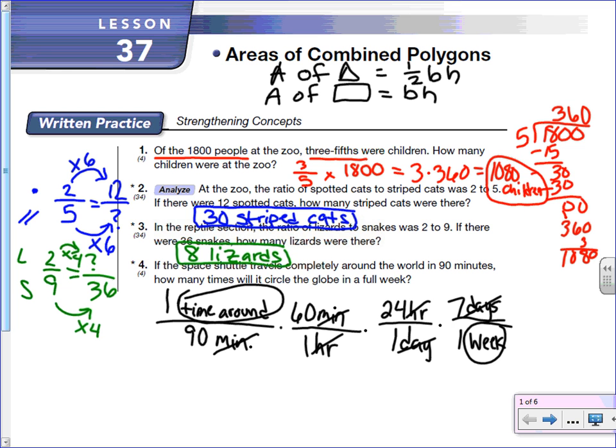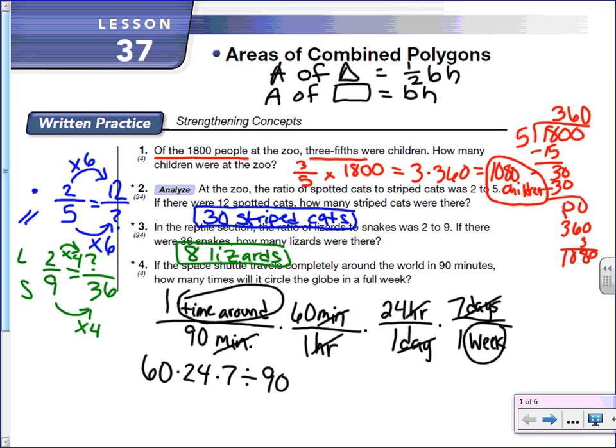So what this translates into is everything on top gets multiplied. So 1 times 60 is 60 times 24 times 7, and anything on the bottom gets divided. So divided by 90, divided by 1, 1, 1, that's all the same.